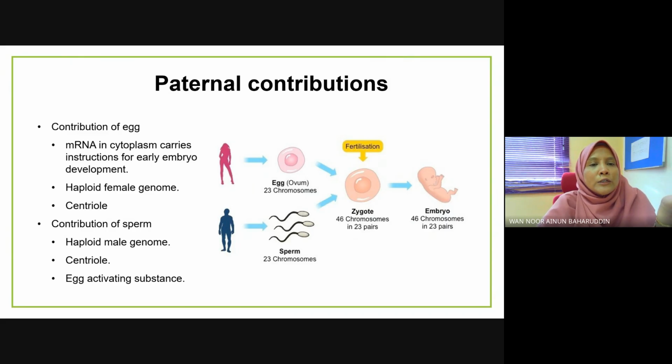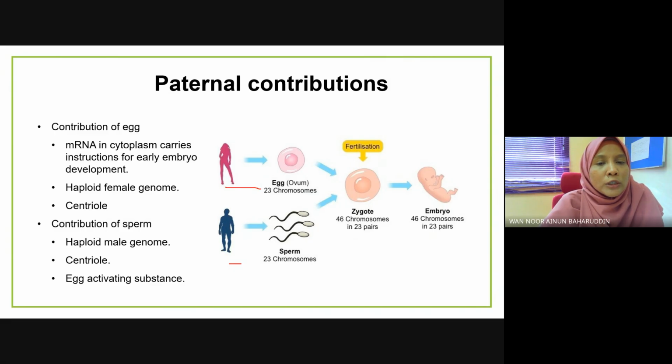Which contribution do they give? We do have contribution from the mother and contribution from the father. Contribution from the mother is the mRNA or genetics of the cytoplasm that carries instruction for early embryo development. They are haploid in the female genome and do contain centriole.